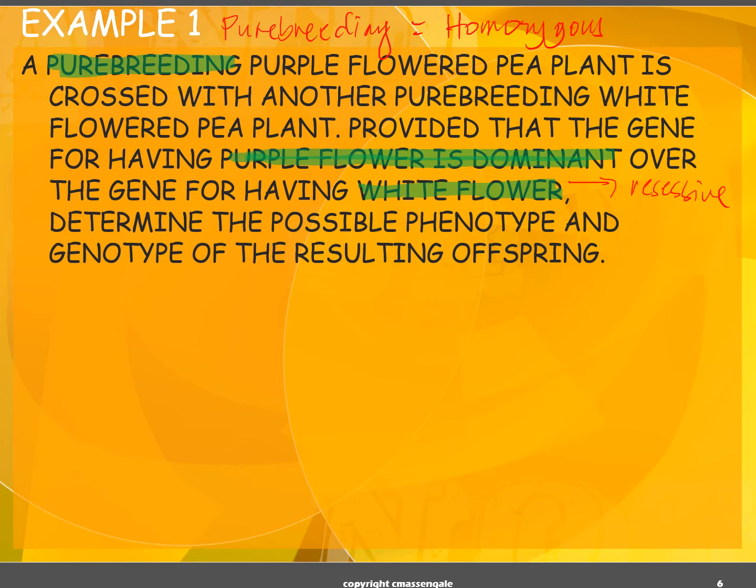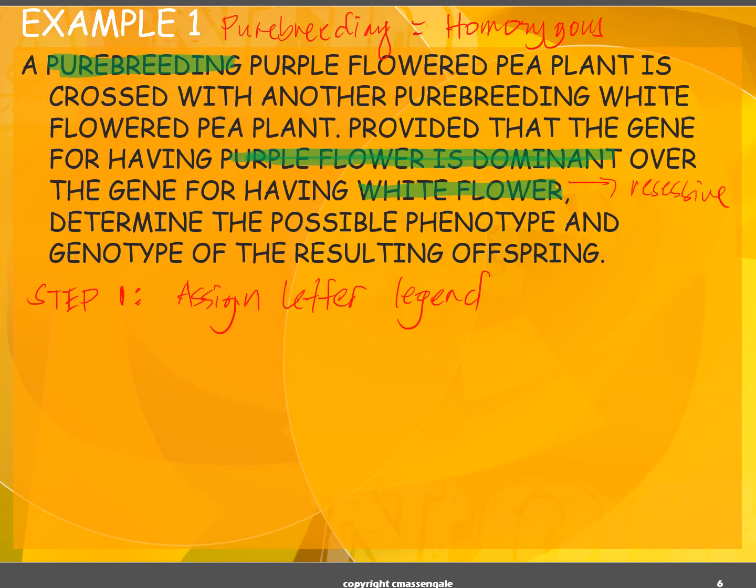Now let's start discussing the steps. For step number 1, class, we will assign a letter legend. We will choose one letter that will represent purple and white.